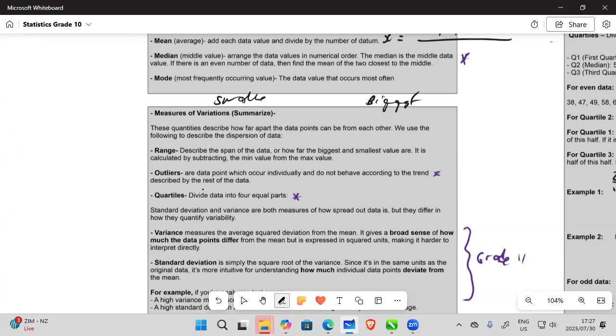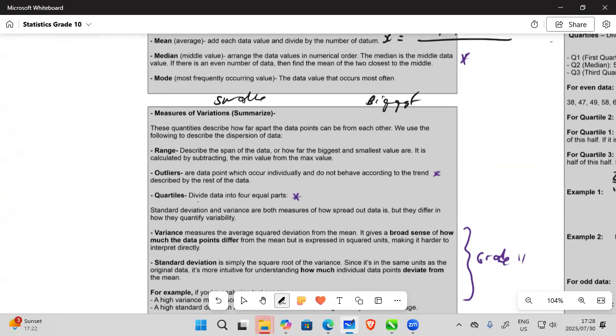But what we want to do here with outliers, we don't want to say, okay, this is an outlier because I feel that it doesn't behave according to the trend. We want to have something more anchored. Give me a calculation that I can use to classify something as an outlier. That's what we are going to discover.